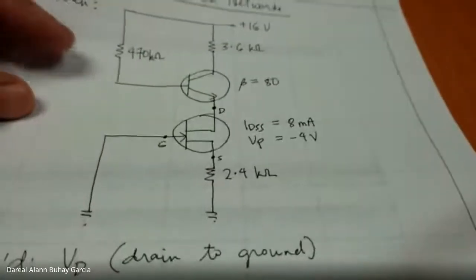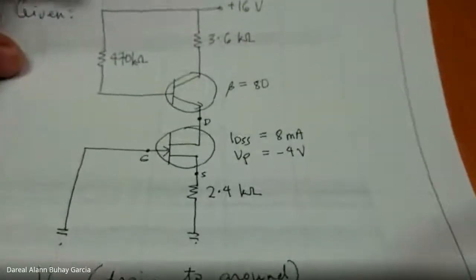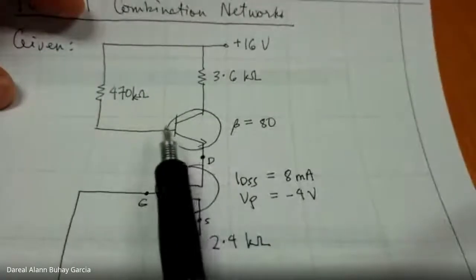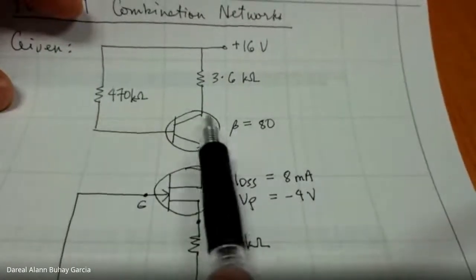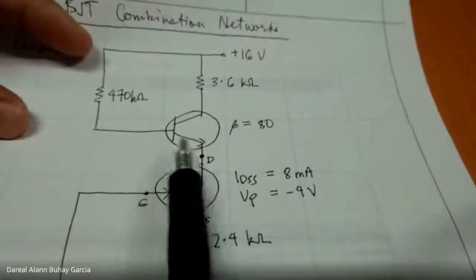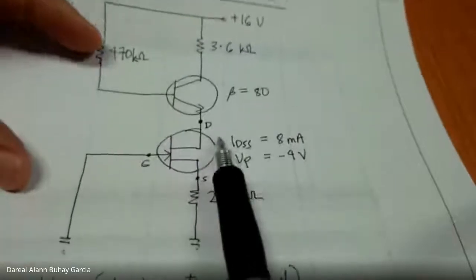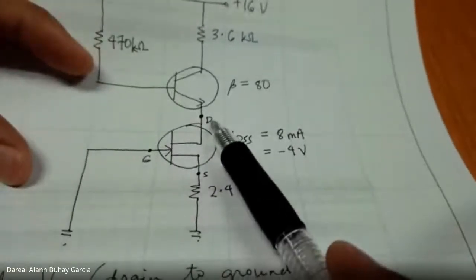So before anything else, let's set the relationship of IC, IE, and IB, which is the same as before. IE equals (beta plus 1) IB. But observe, take a good look.